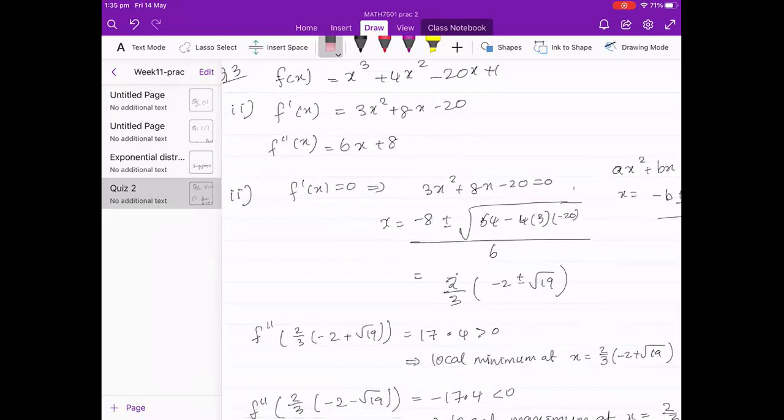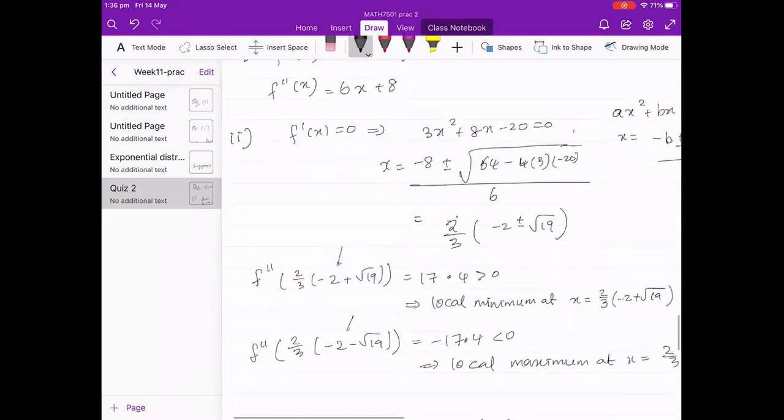That is, evaluate the second derivative at each critical point. For this point, I got the second derivative positive, which indicates a local minimum. For the second value, I got f double dash negative, so there is a local maximum at that one.